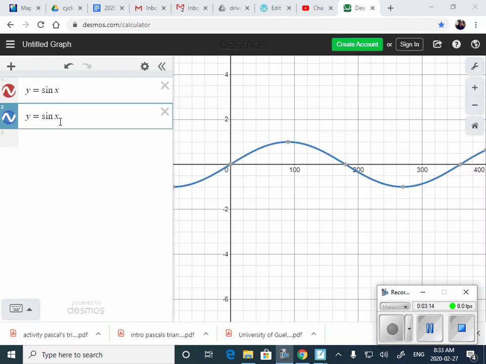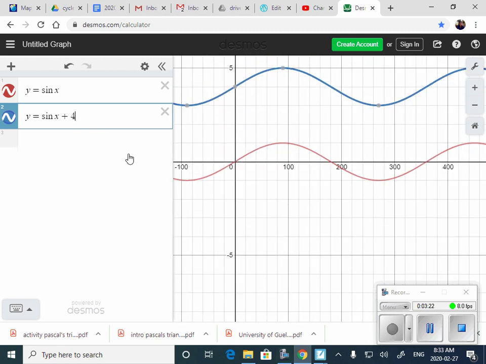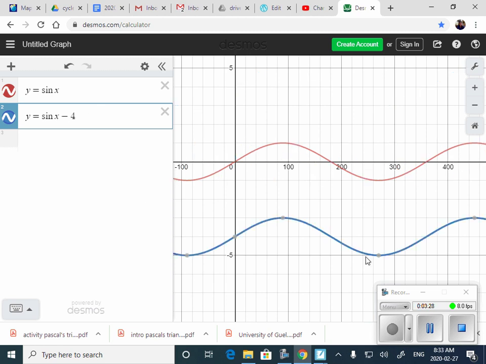So if I have y equals sine x plus 4, it moves the entire function up 4. The second one that we were going to look at was y equals sine x subtract 4, and that moves the function down 4. So the transformations that we've looked at so far today are both vertical.